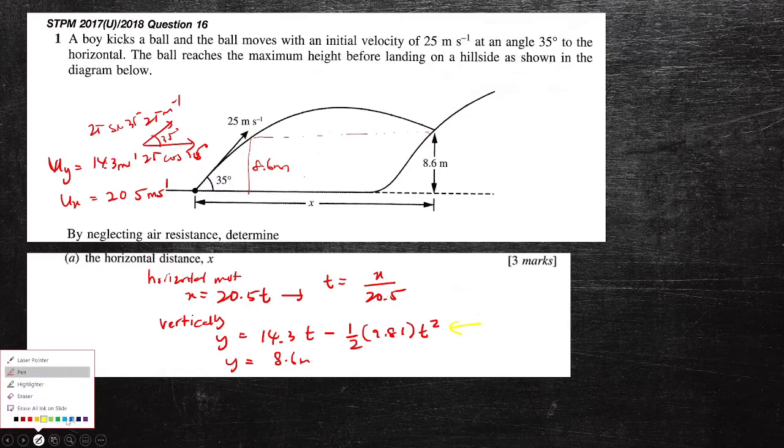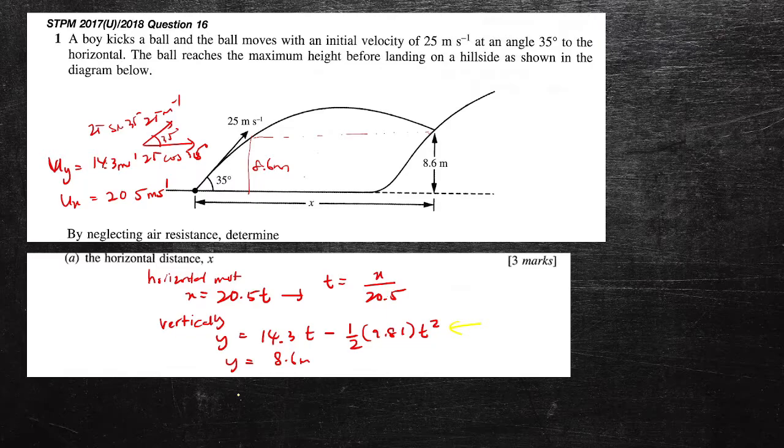So we have 8.6 equals to 14.3 times t, where t is x divided by 20.5. So we substitute everything with x from the horizontal motion: x divided by 20.5, and minus 4.91 times x divided by 20.5, squared.